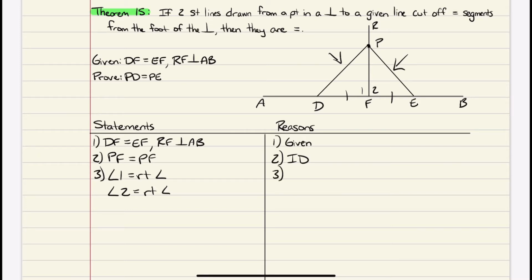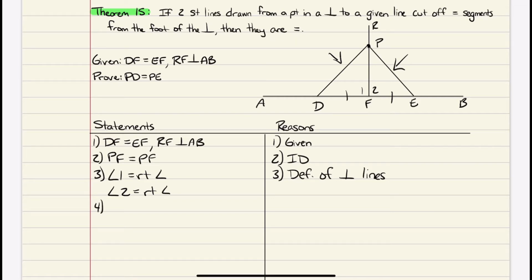We could say that's true because of the definition of perpendicular lines. So now we know that both angles, angle 1 and angle 2, are right angles. They both equal the same exact quantity.